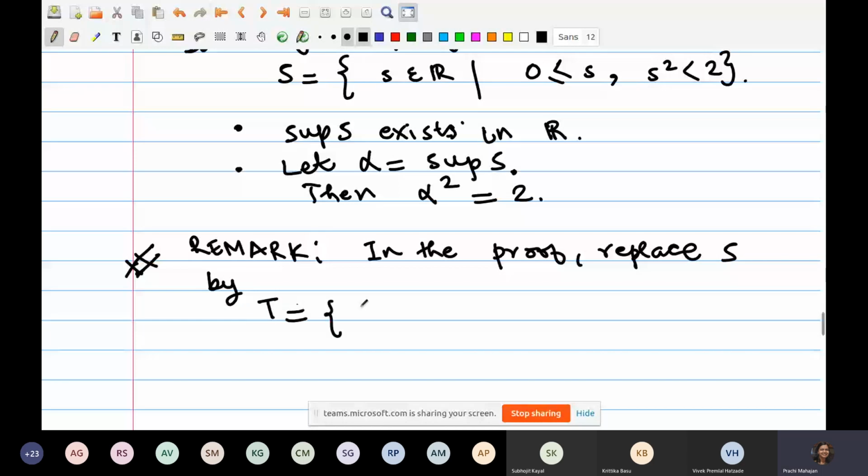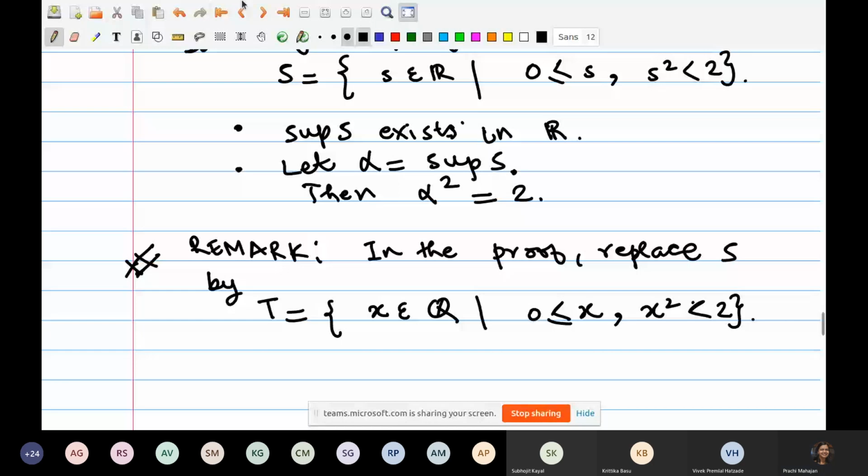I am now going to look at all rational numbers x such that x is positive and x square is strictly less than 2. So instead of looking at all real numbers satisfying these two inequalities, I am now going to focus my attention only on the set of rational numbers. And you run through the same argument: T is non-empty, T is bounded above, and the completeness property of R says the supremum of T exists in R.